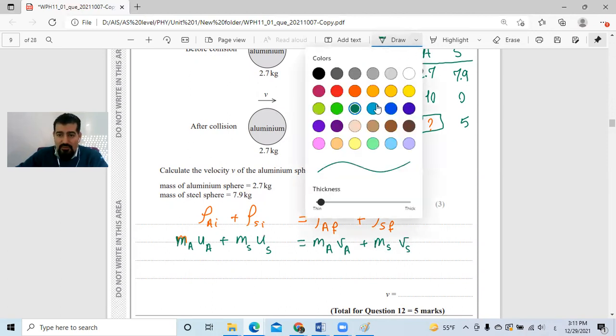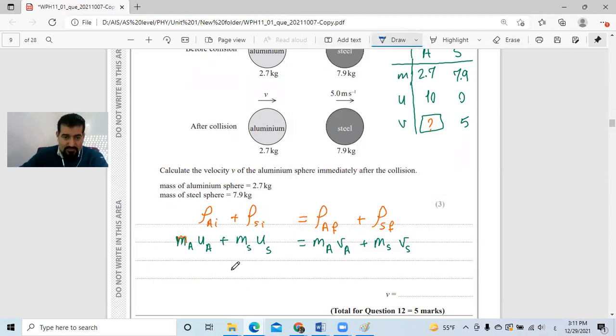So in this situation, we will substitute the values that we have in the table. So 2.7 multiplied by 10 plus 0, because the initial speed of the steel is 0, equals 2.7 V plus 7.9 times 5.